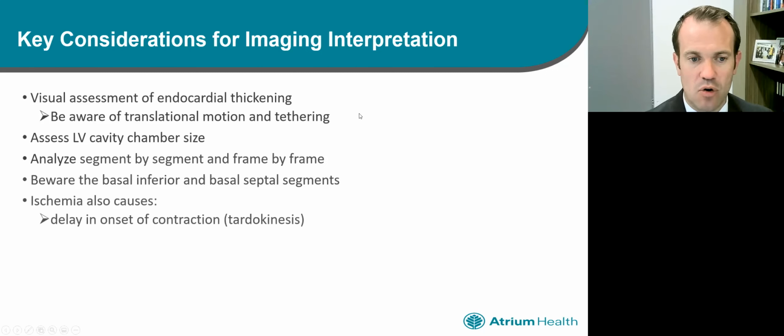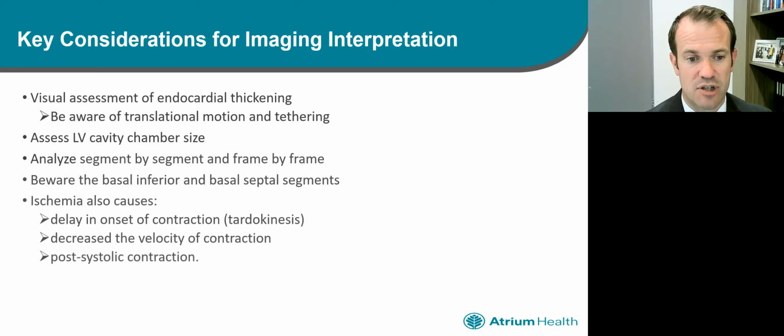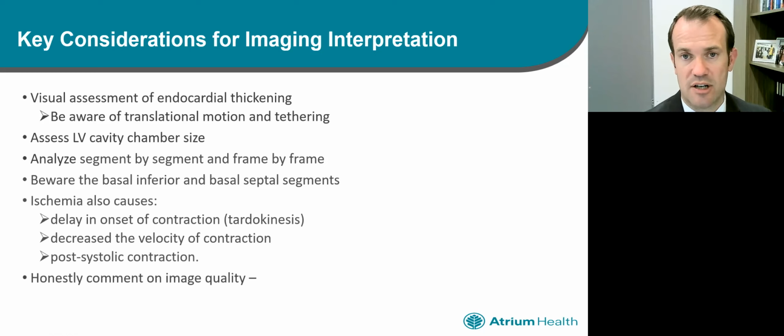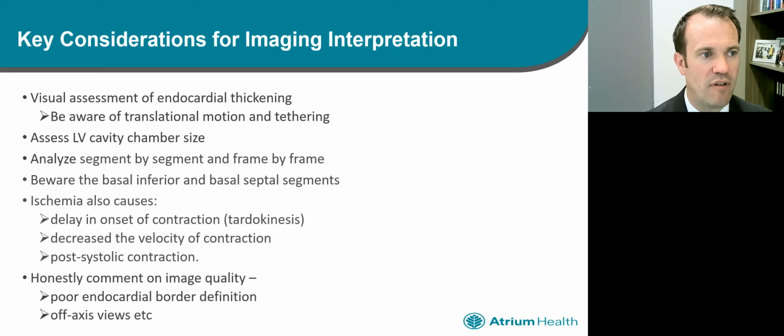Remember, ischemia also causes a delay in onset of contraction known as tardokinesis, a decrease in the velocity of contraction, and post-systolic contraction, which we can often detect using strain. When we're doing our stress echo, we need to honestly comment on image quality and if the endocardial border was poor or there was off-axis imaging.